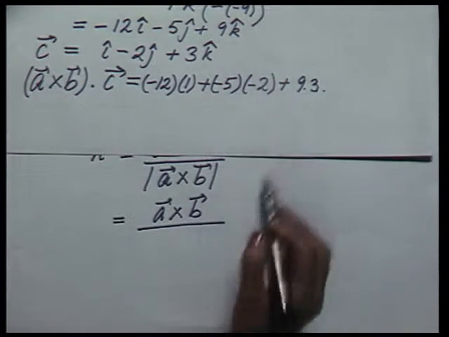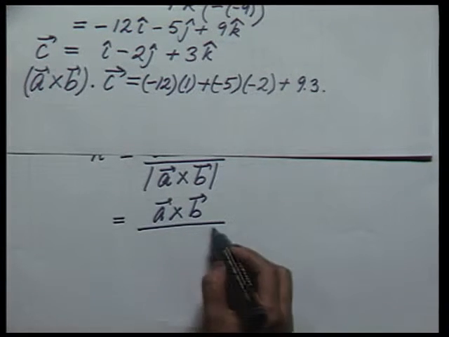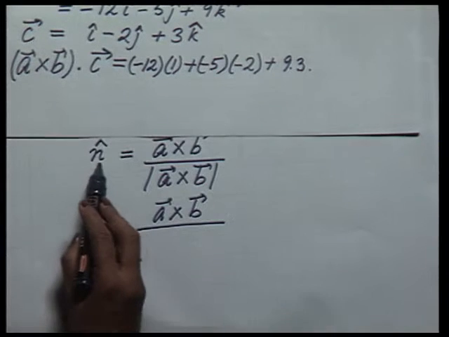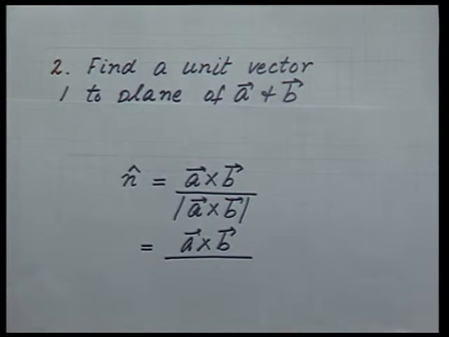And I think you can calculate that yourself. You just have to divide the vector A cross B by that scalar, and that will give you the unit vector perpendicular to the plane of A and B.